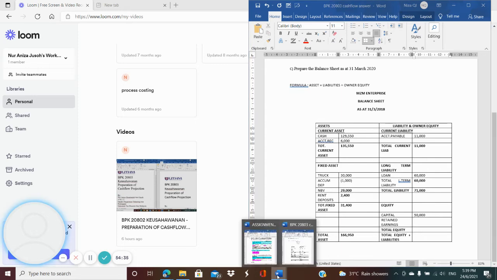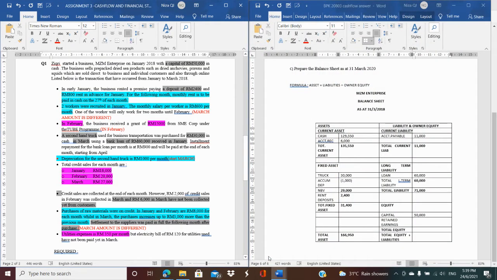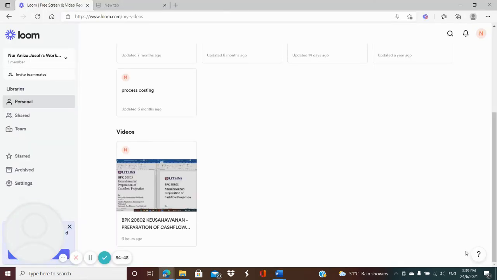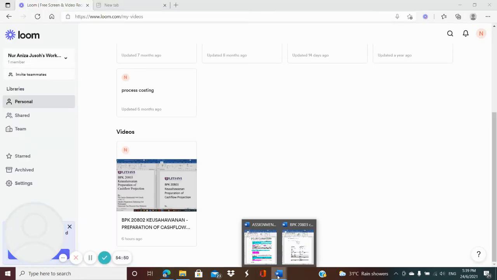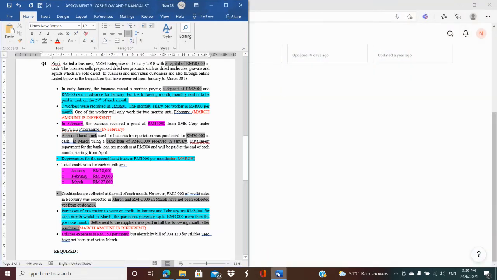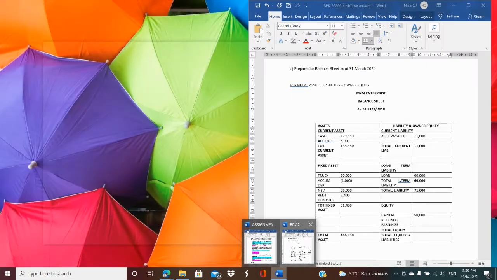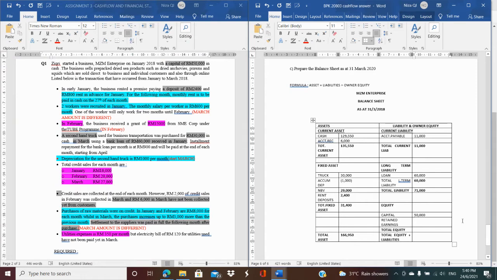So now we're going to use just the net income. What will be the net income for March? We did not calculate it previously, so I think you have to calculate it first.